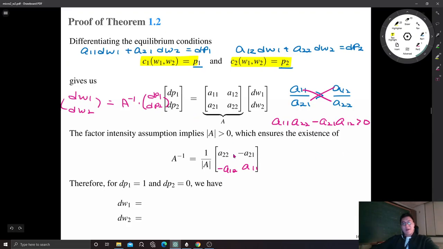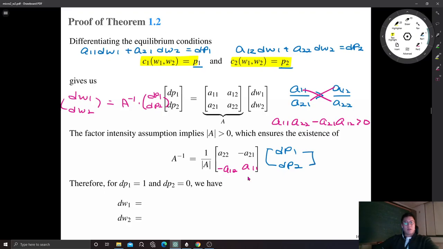So I think you guys remember this formula, the inverse of a 2 by 2 matrix. Now I'm teaching this in the other class, math for economists, for sophomores and freshmen. Anyway, now we have the inverse matrix, so the only thing we have to do is multiply these two matrices. Multiplying by dP1 and dP2 gives us dW1 and dW2.